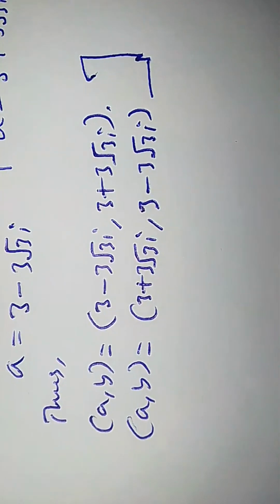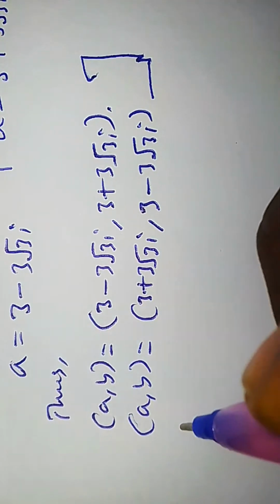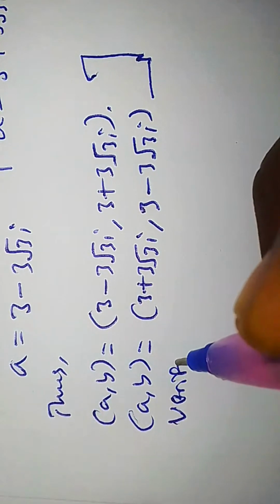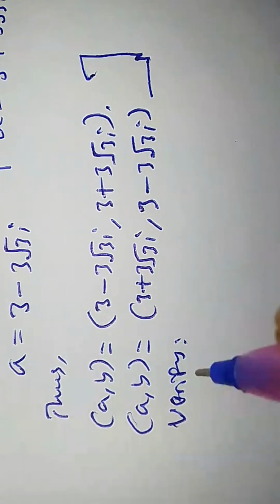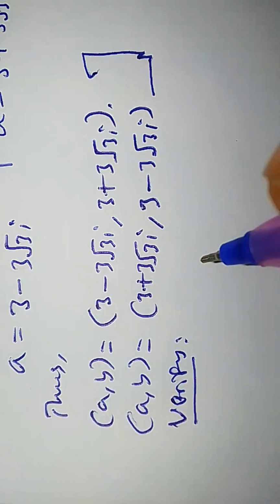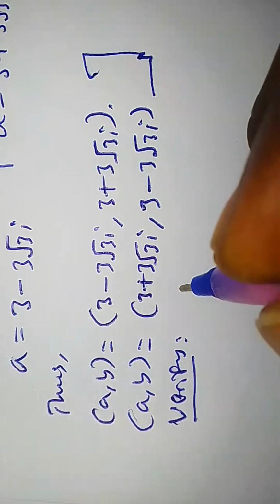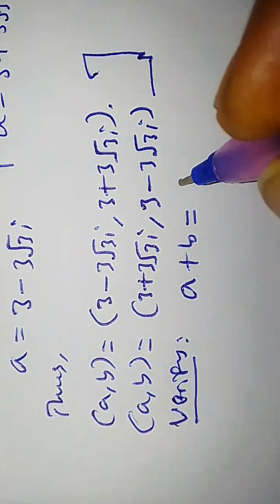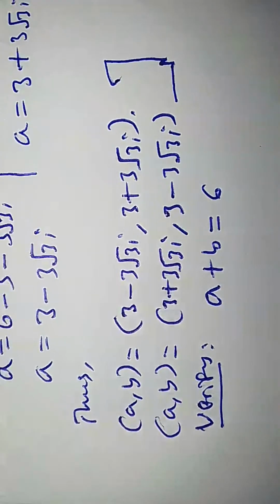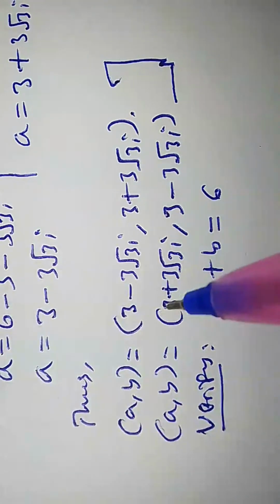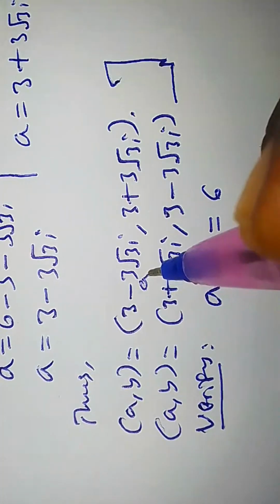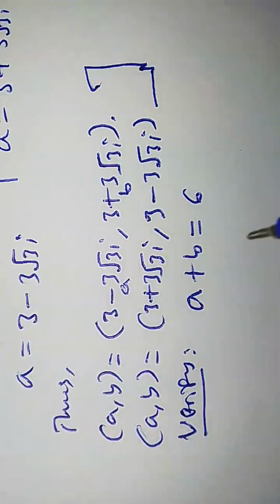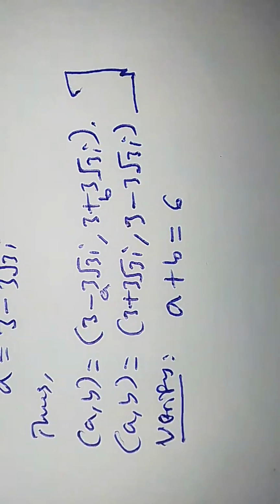Now let's verify if these solutions are correct. We can use equation 1 to verify it, which is a plus b equal to 6. Let's verify this first solution. So this is our a, this is b. We just have to plug it into the left hand side.